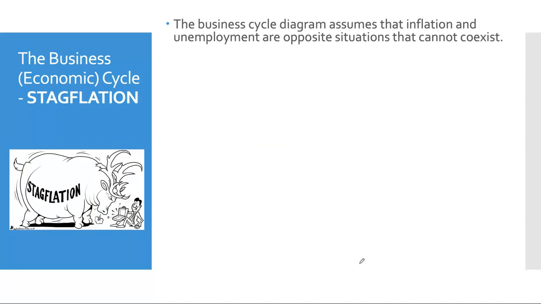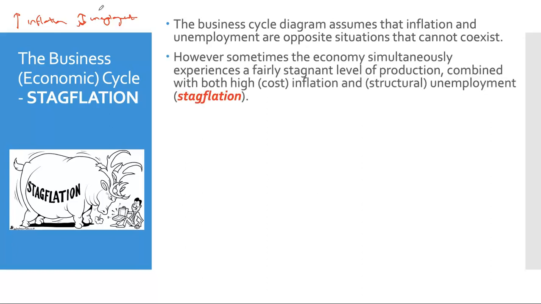The business cycle diagram assumes that inflation and unemployment are opposite situations. So we should never get to the situation where inflation is high and unemployment is also high. We should never be in the situation where we have both those bad things.